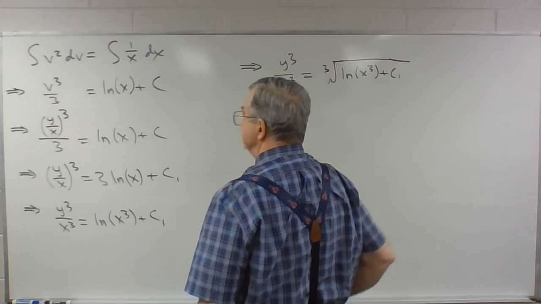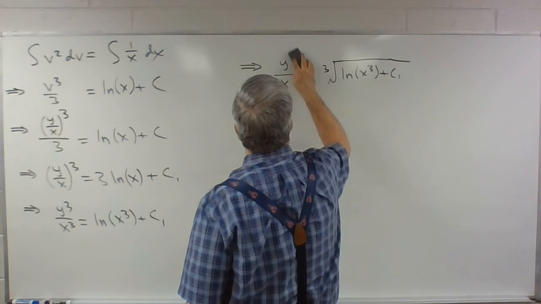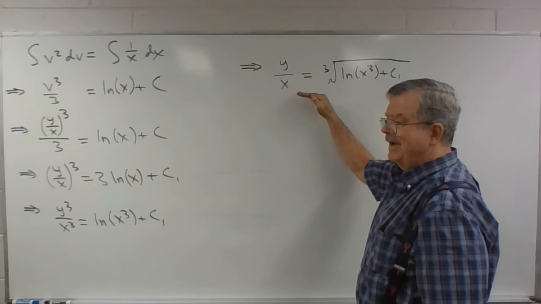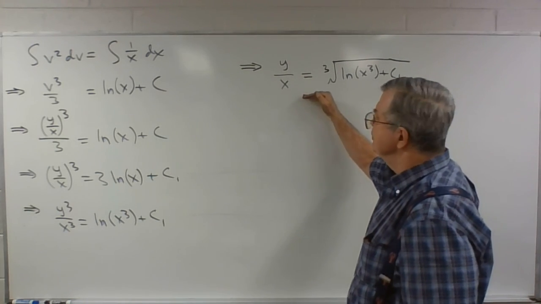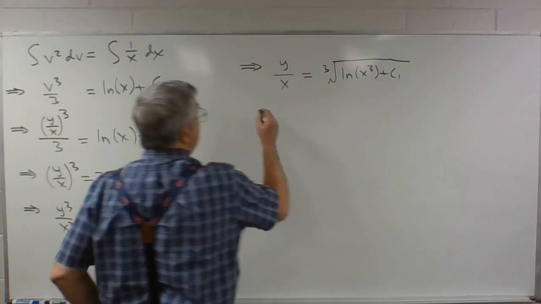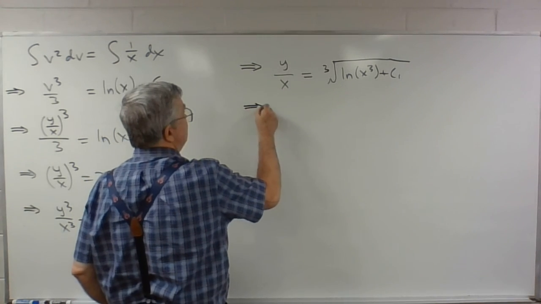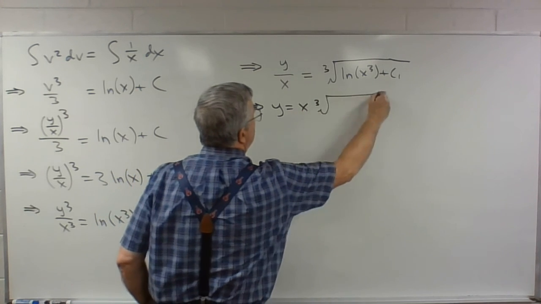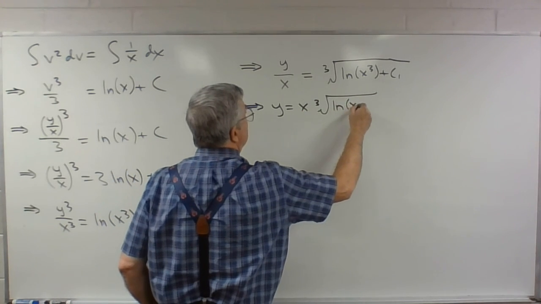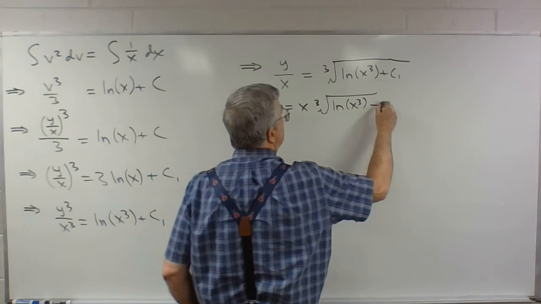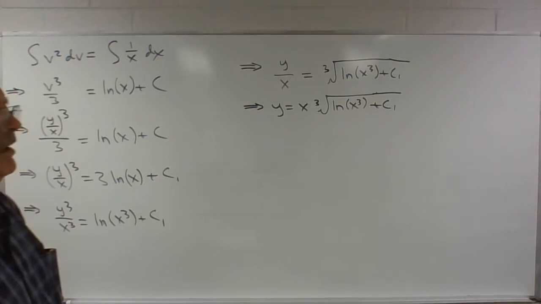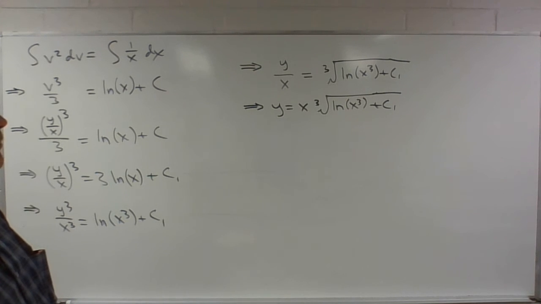See, I did say I was going to take the cube root of both sides, didn't I? Okay. Now I have the cube root of both sides. And multiply by x. Voila.